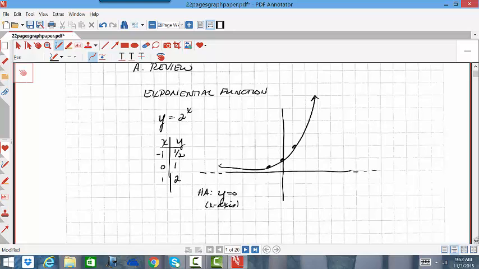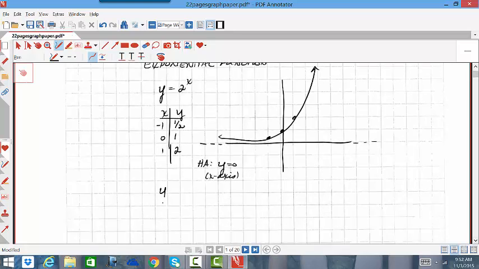So what this evolves into is the exponential function e to the x, where e is approximately 2.72, so it's very close to 2. If you create the same table of values using the x values of -1, 0, and 1, you get 1 over e, which is like 1 over 2.72, 1, and e, which is just 2.72.